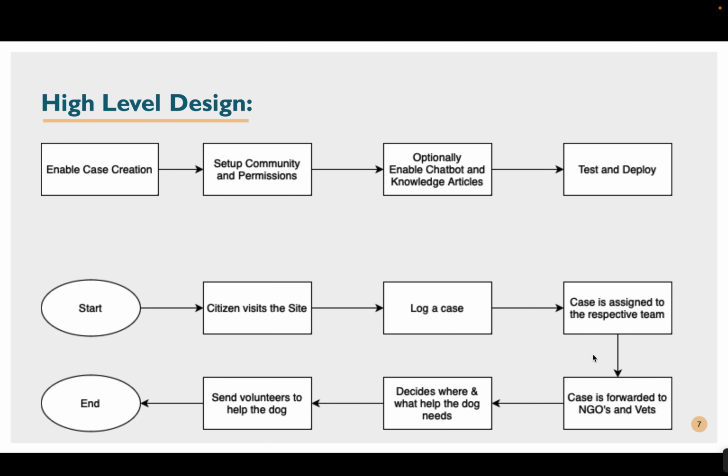We can have some small integration so that the case can be forwarded to NGOs and vets, and finally they can decide where and what help the dog needs. Once they decide, they send volunteers to help the dog. So that is the high level design and the process.